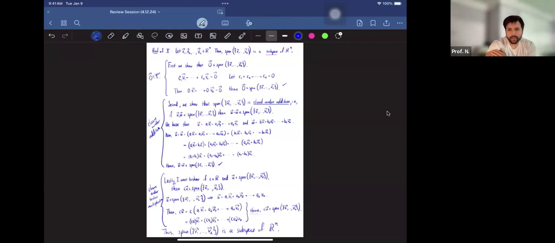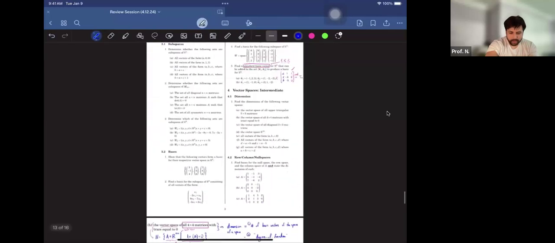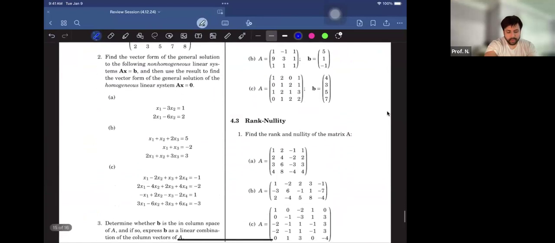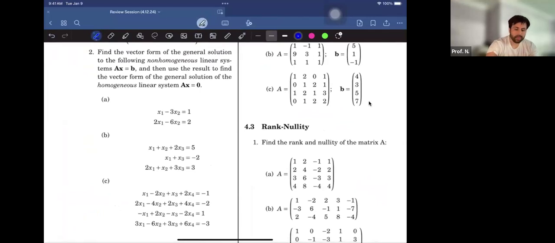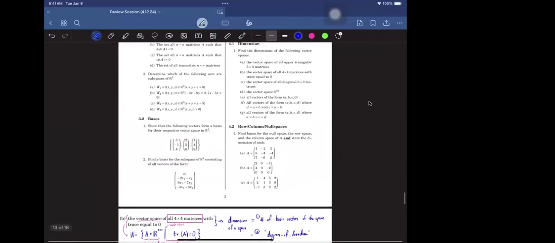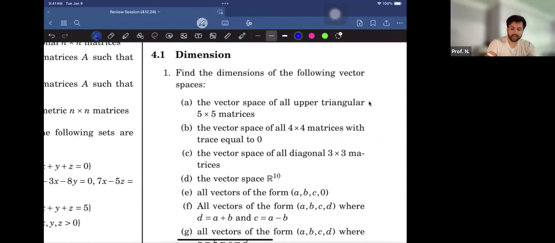Four point one two B. Sorry, did you mean 4.12? Like this? 4.12B, this one? No, no, 4.1. Yeah, dimensions. Oh, B. This one?